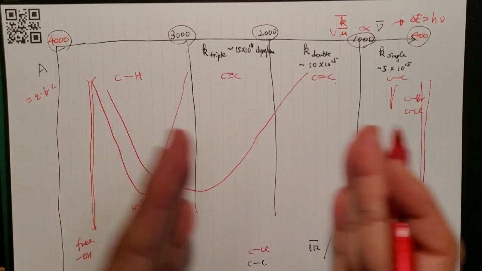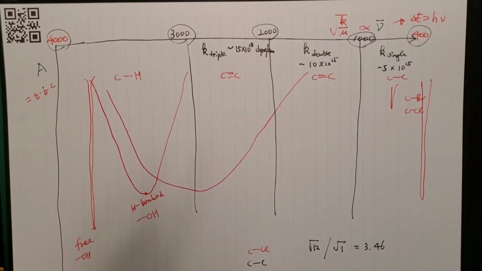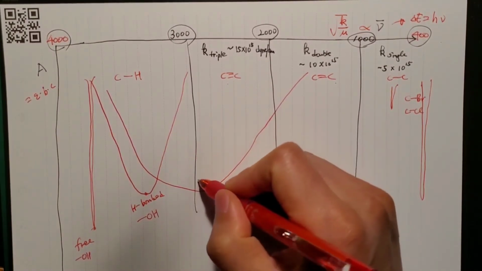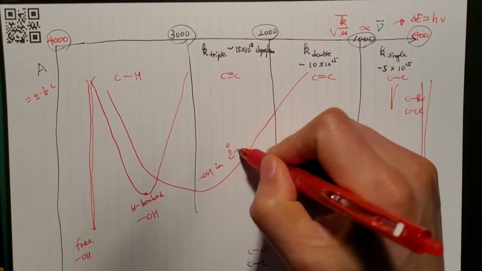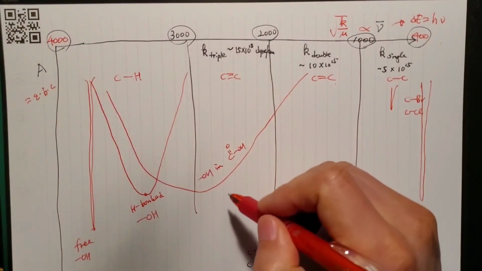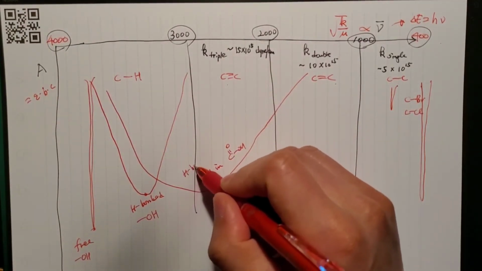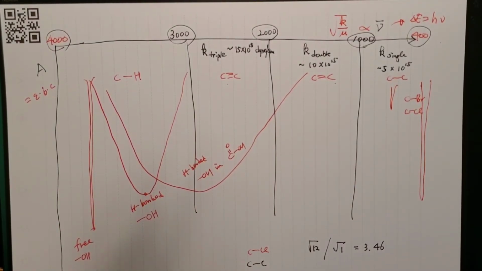It can be even more shifted, depending on the strength of the hydrogen bond that is also affected by the environment. So this can be OH, most likely in carboxylic acid when they are making H bonds. So I should say H bonded OH in carboxylic acid.